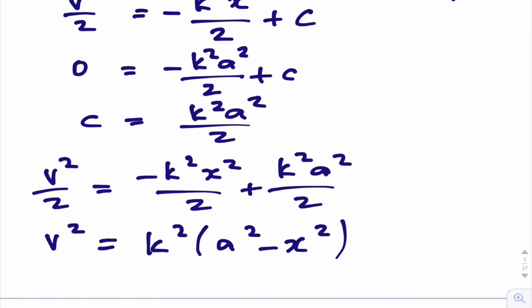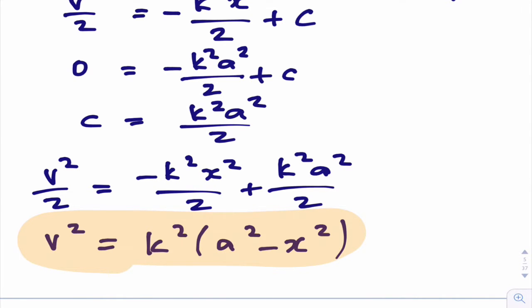That's probably the nicest way to write it. It's an expression for the velocity in terms of k, which is a constant, A, the amplitude of the motion, and x, the distance the particle is away from the center point. That's an important equation to know.